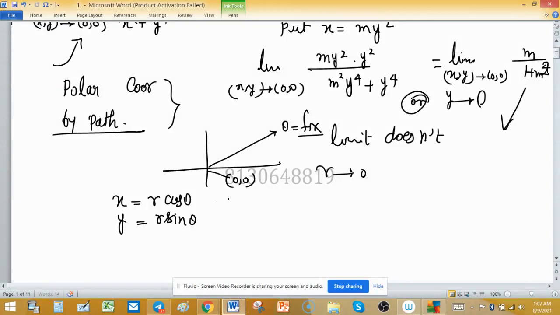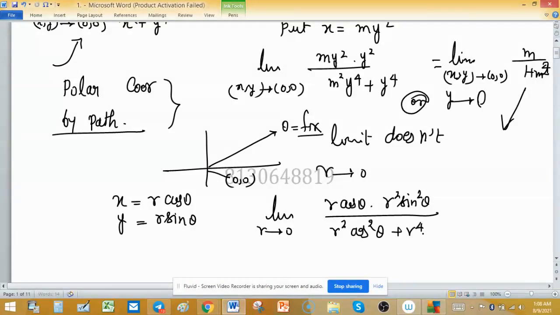Using this substitution, what we have is the limit as r tends to 0 of r cos theta into r square sin square theta, upon r square cos square theta plus r raised to the power 4 sin raised to the power 4 theta.